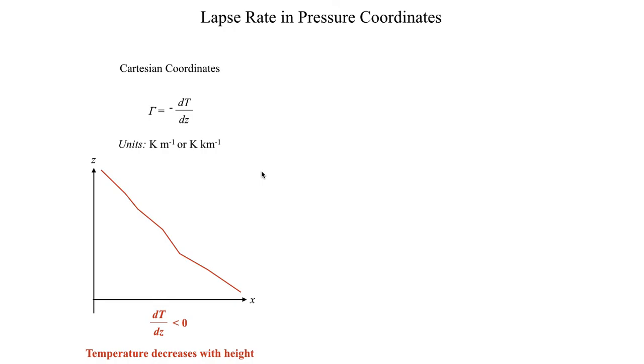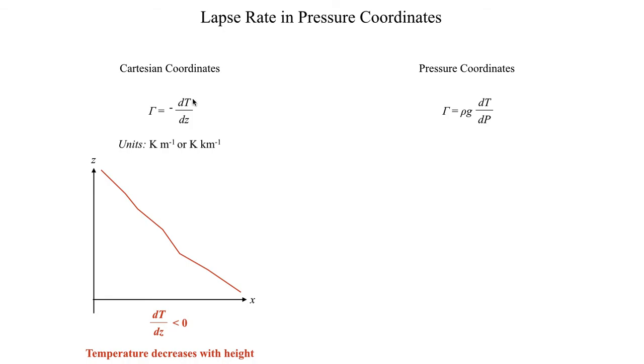Now let's take a look at how things change when we go into pressure coordinates. In pressure coordinates, the formulation that we derived earlier is that the lapse rate gamma is equal to rho g times dT/dp. If you take a look at just this derivative, dT/dp, you see that we have temperature in the numerator and pressure in the denominator.